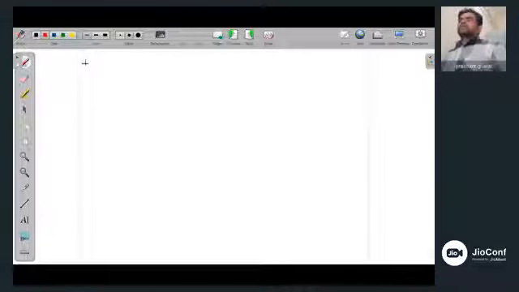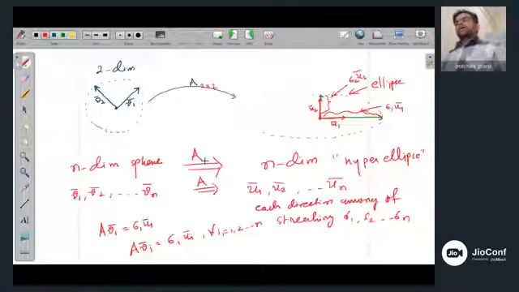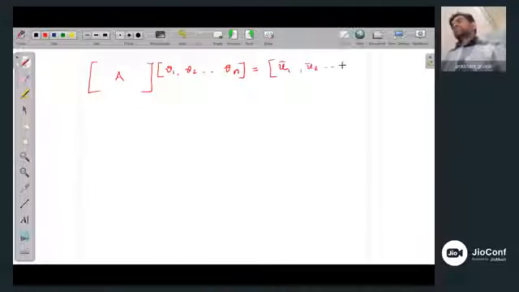That means I have a matrix A, applying that matrix onto v1, v2 up to vn, and the resultant set of values I can write down as u1 bar, u2 bar up to un bar, and here you have another matrix sigma 1, sigma 2 up to sigma n, and all the rest of the values are 0.